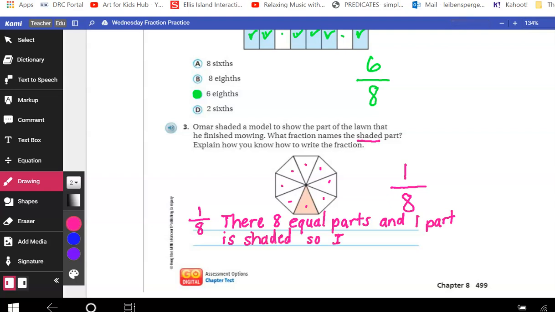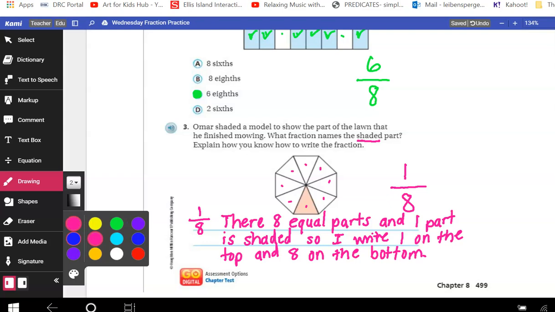So I write 1 on the top and 8 on the bottom. We can even use some math vocabulary. We could have used the words numerator. So I wrote 1 as the numerator on the top of my fraction and 8 as the denominator. So if you need to pause the video to finish writing that, you may do that.